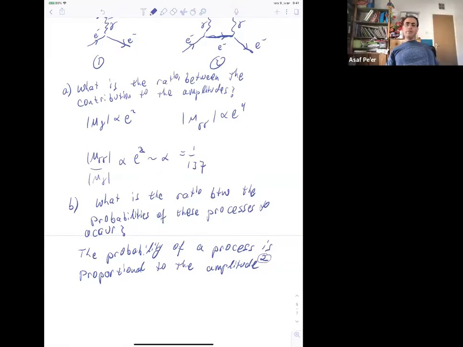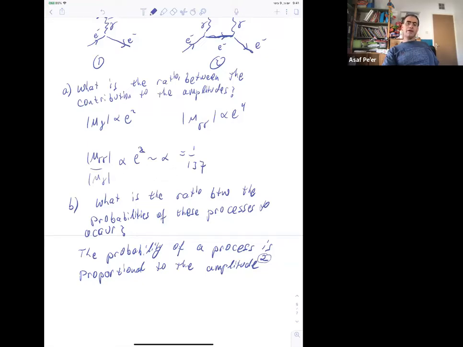What you get essentially is the cross-section. The whole point of the Feynman diagram is that you can make a theoretical calculation of the cross-section of each process.